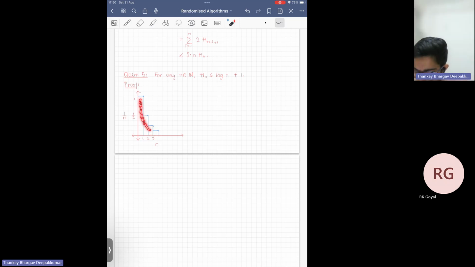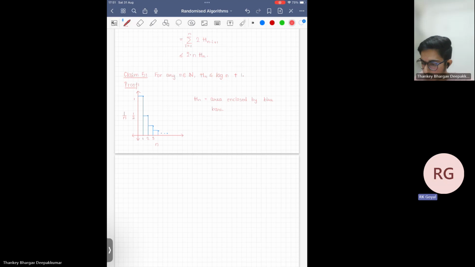This area is 1 plus 1 over 2 plus 1 over 3 plus 1 over 4, and so on, right? Okay, so Hn is this area.